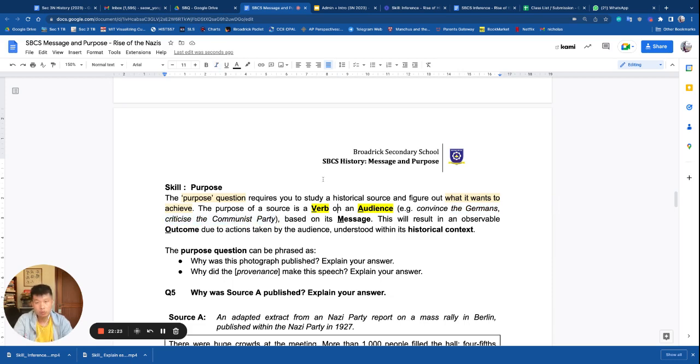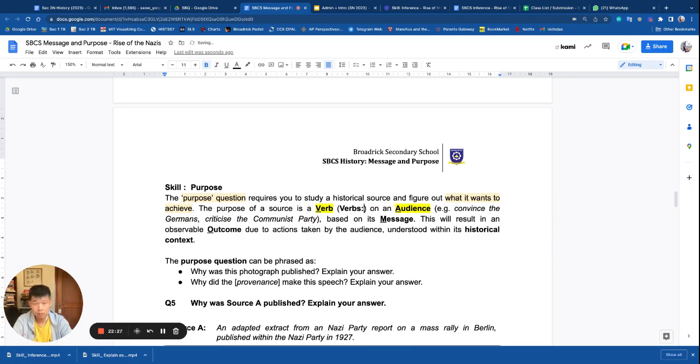Now, I want you to write at the top some potential verbs that we will use for Sec 3. Convince, criticize, educate, brainwash, assure, urge, praise, inform.